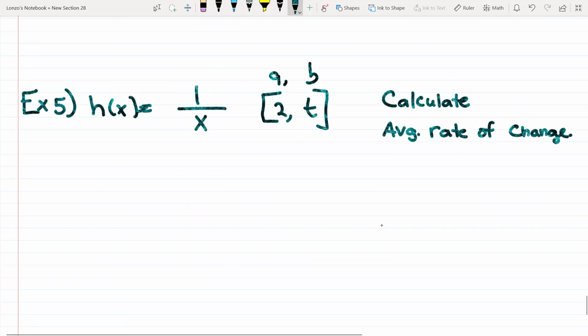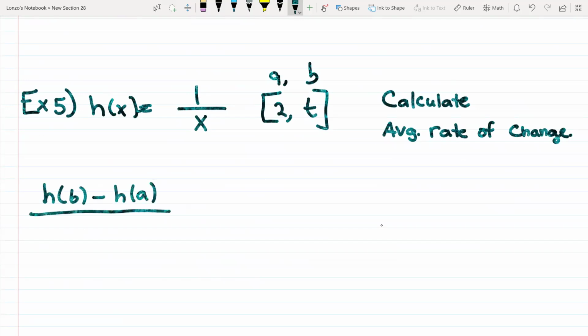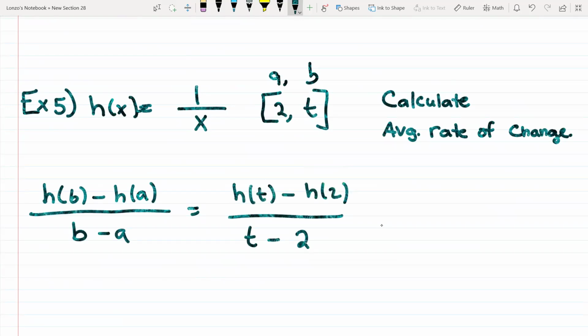So 2 is your A, t is your B, right? So it's going to be the average rate of change, h of B minus h of A all over B minus A. So the bottom is t minus 2, and unfortunately that's the most simplified it can be.